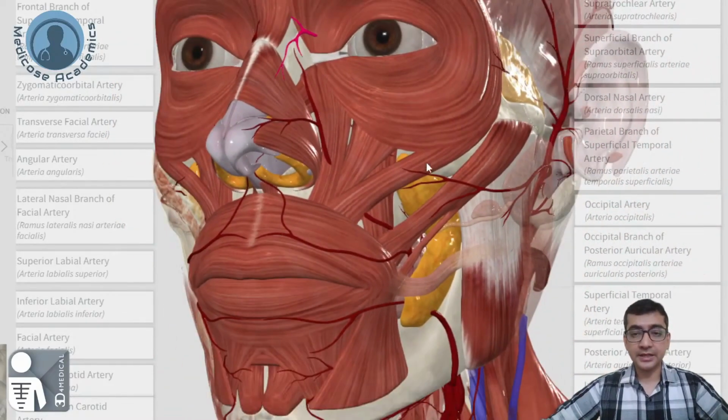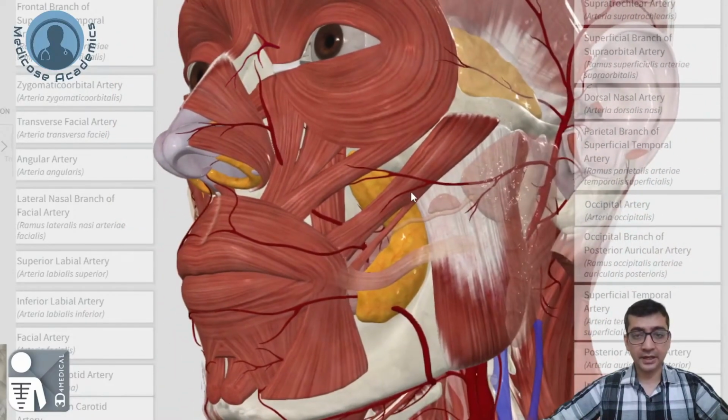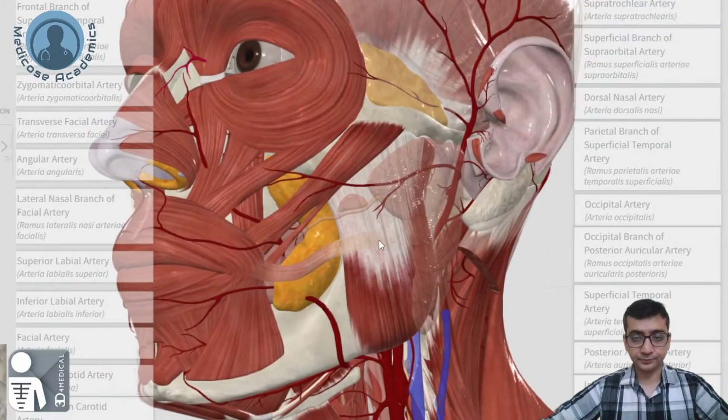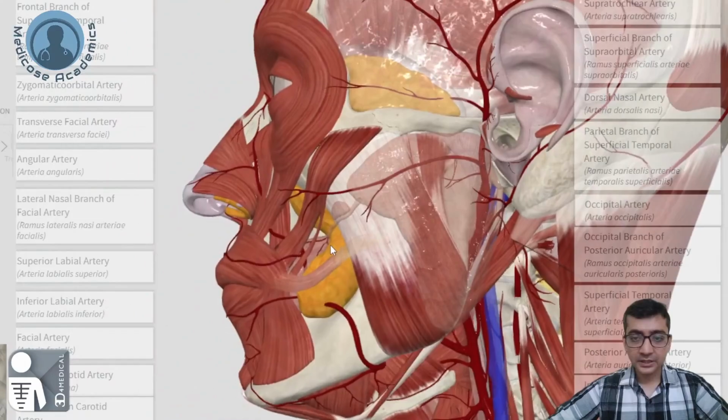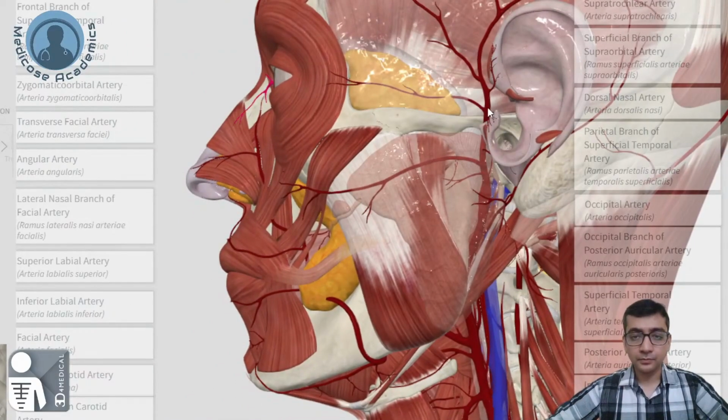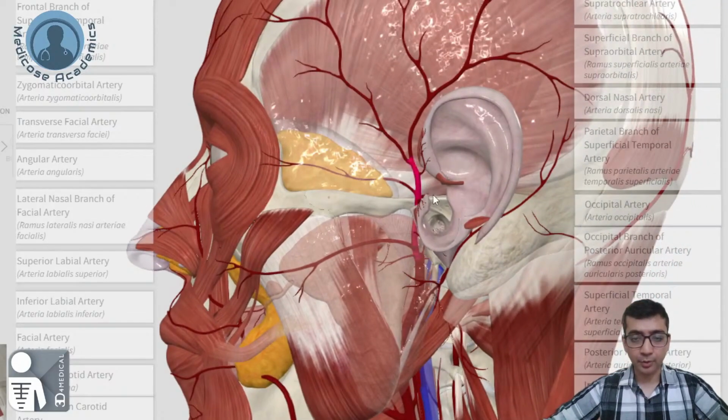Apart from these arteries, there are two arteries that supply different aspects of the face. First, this artery that is going all the way up. This is called the superficial temporal artery.